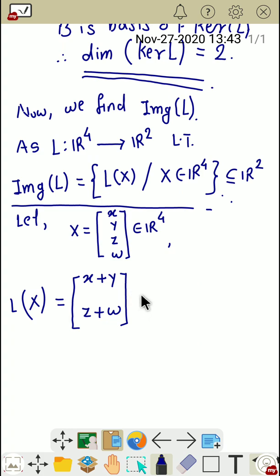Now L of x is nothing but the addition of (x, z) plus (y, w).